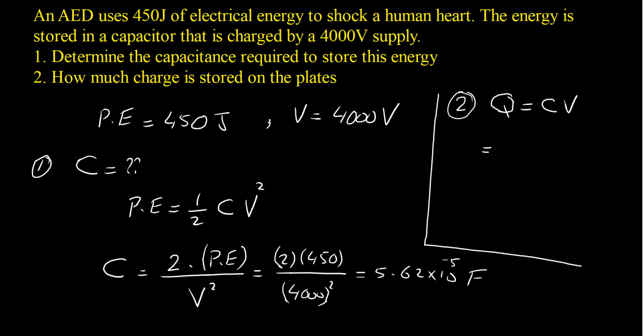Now it is 5.62 times 10 to the power minus 5 multiplied by 4,000, and that should give us 0.225 coulomb. The amount of charge that will be stored on the plates of this capacitor.